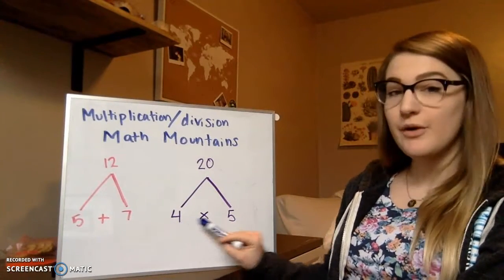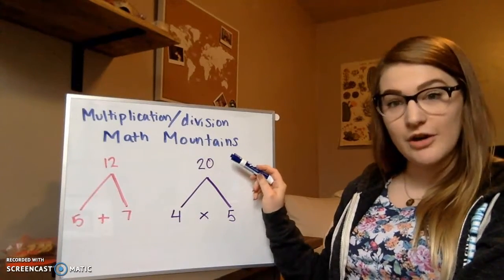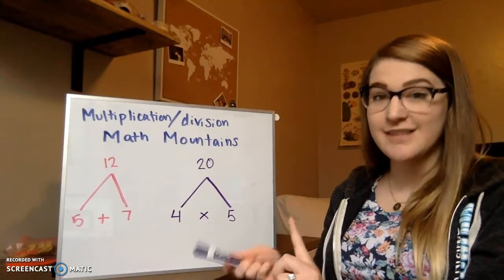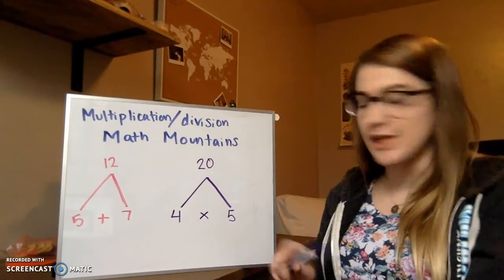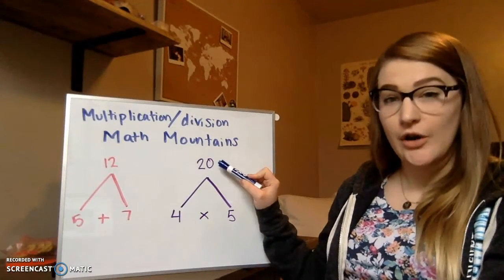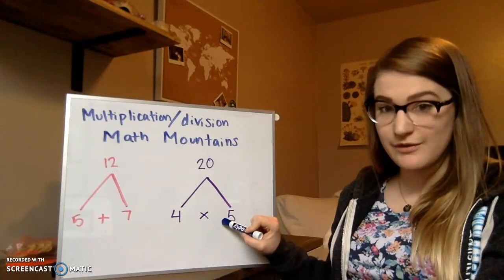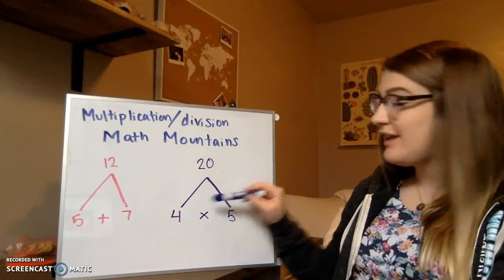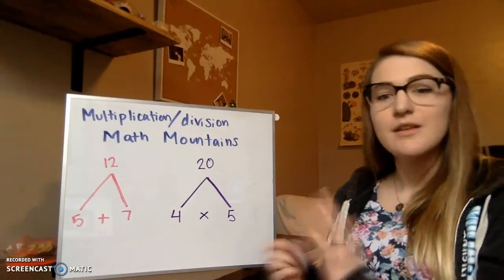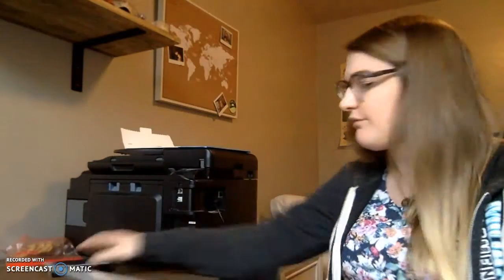So we know that 4 times 5 equals 20, but we also know since division is an inverse operation, or kind of undoes multiplication, we can also know that 20 divided by 4 equals 5, and 20 divided by 5 equals 4. So let's try this with some other math facts that we know.